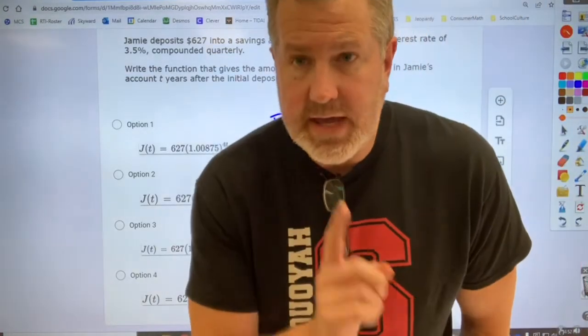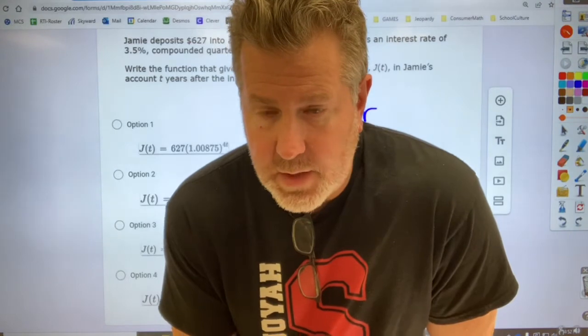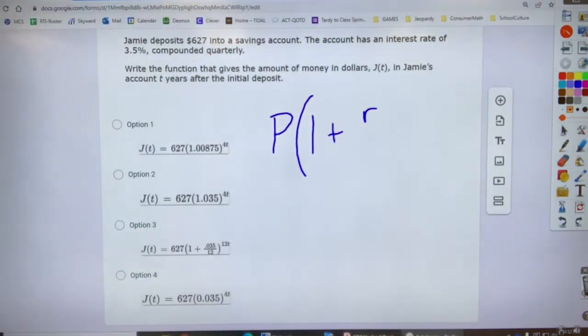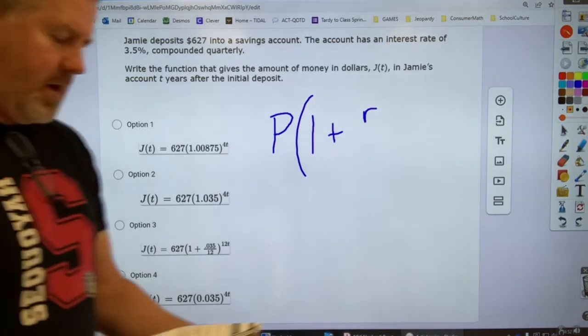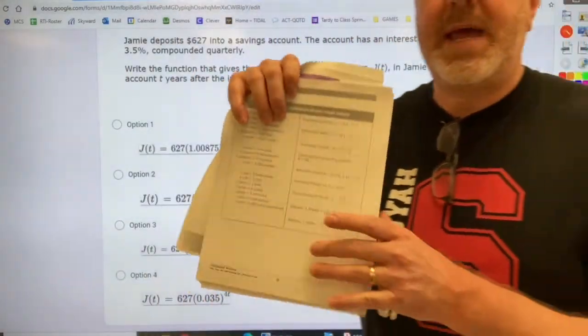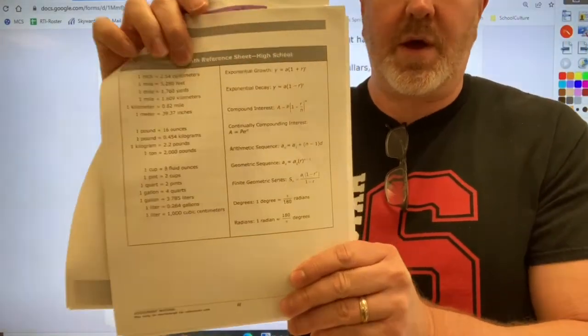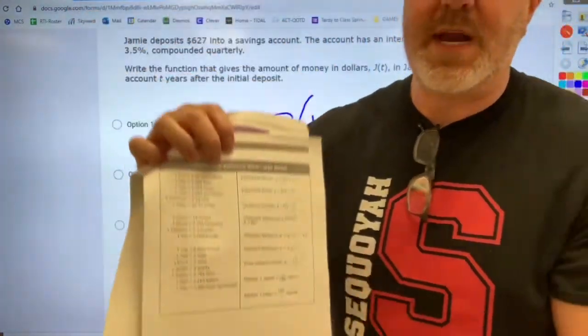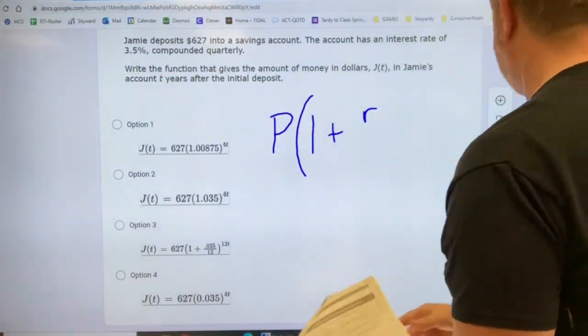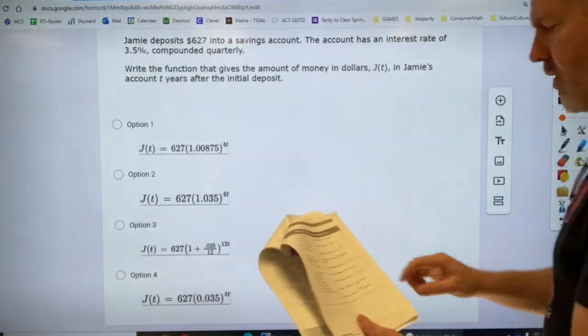Fortunately, you are given these formulas on the EOC. You are given a list of these formulas. Let me grab that real quick. You will be given one of these as you're working on this material. So this is the list of formulas that you need to solve some of these things, and you don't have to remember them. You don't have to bring them with you.